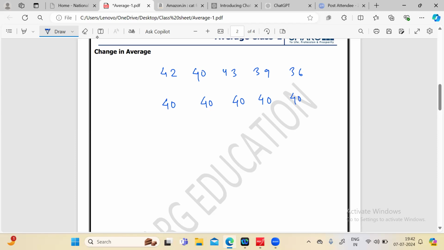Okay. But this is not the question. This is not the thing that I wanted to tell. This is the group of numbers, and this is their average. Okay.